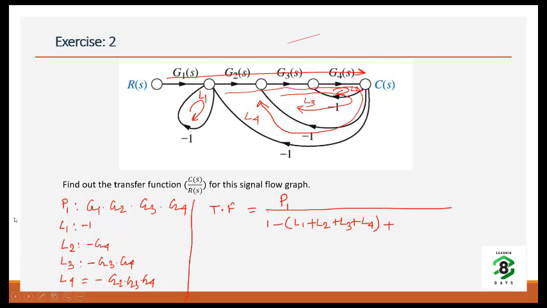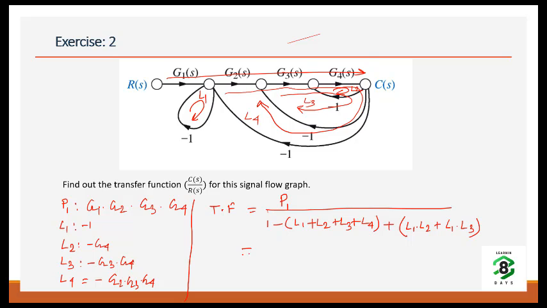If you see, L1 is not touching L2, L1 is not touching L3, and the rest all are touching each other. So the second term will be L1 into L2 plus L1 into L3. Since L1 and L4 are touching each other, we cannot take that.